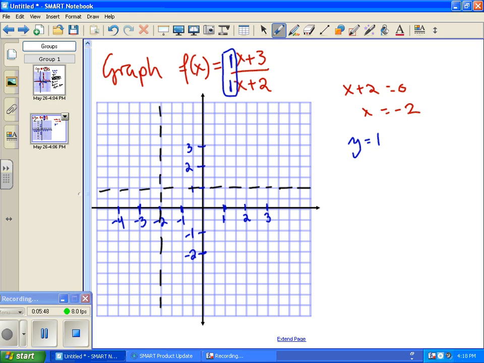Okay, so now we want to graph a few points, and just like before, we're going to graph a few points to the left side and a few points to the right side of our vertical asymptote. Okay, so I'm going to do -4, -3, -2, not -2, -1, and 0.